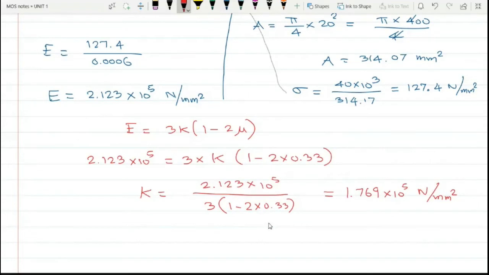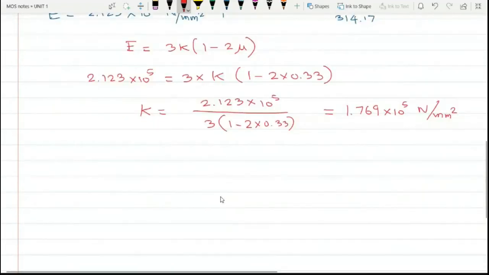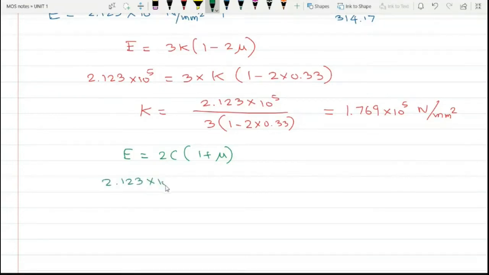The next one is I have to identify what is the value of your modulus of rigidity. So we know that E is equal to 2C of 1 plus mu. Same procedure, no difference. So E, 2.123 into 10 power 5, is equal to 2 into C of 1 plus 0.33.